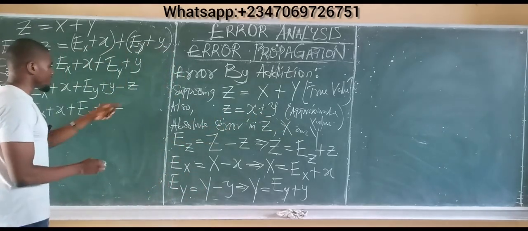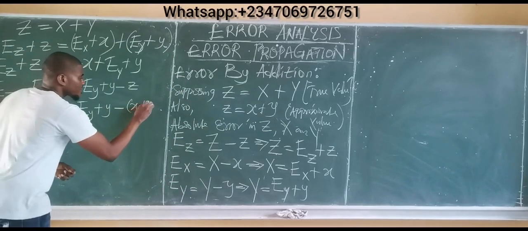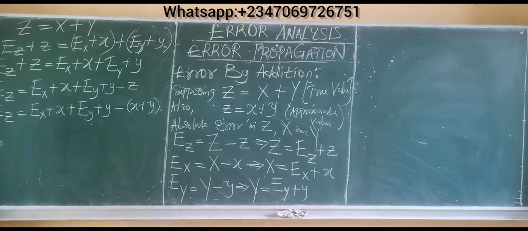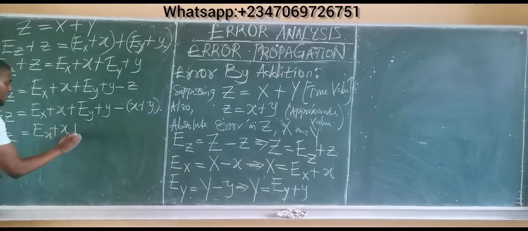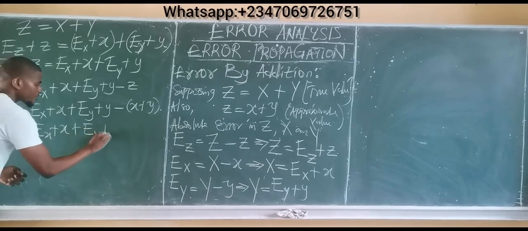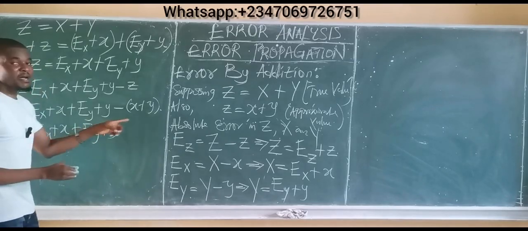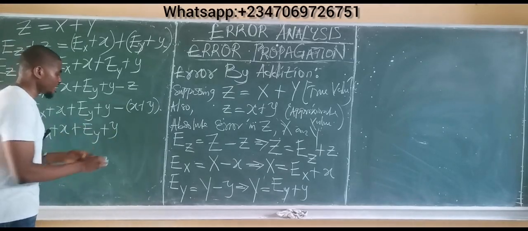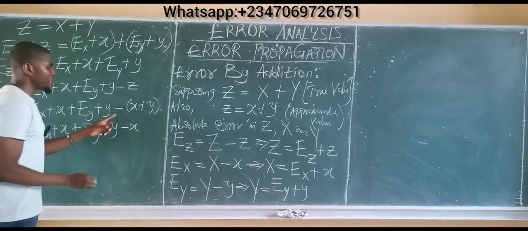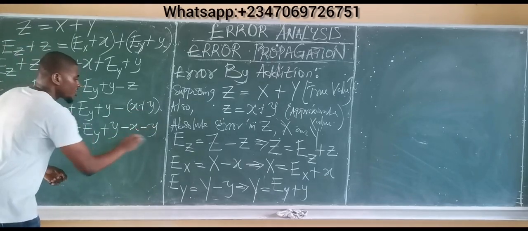So in place of z, we simply have x plus y. Expanding this bracket, negative times x becomes negative x, and negative times y becomes negative y.